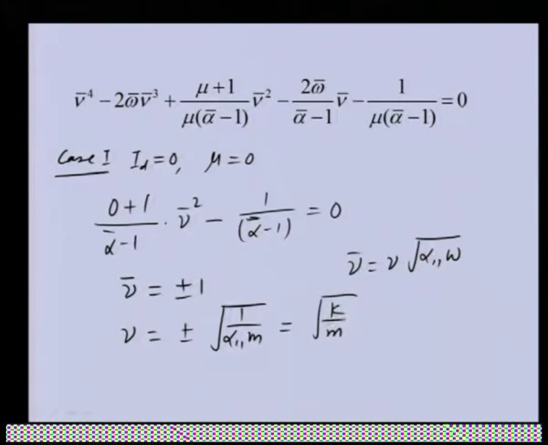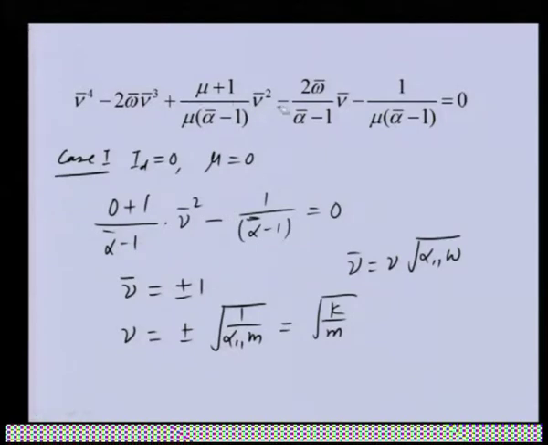In the same expression, if we take another case 2, in which we have the coupling parameter, that means the coupling between the linear motion and the angular motion is not there. In that particular case, we can simplify the previous polynomial, this one.